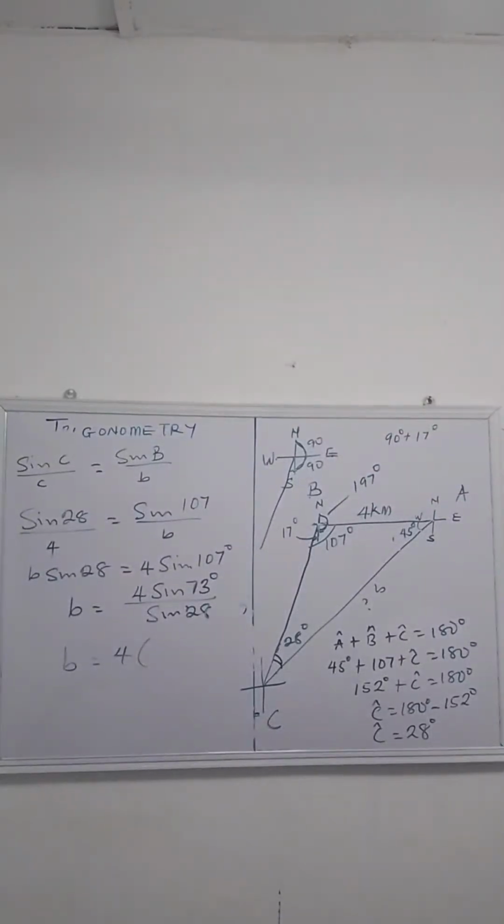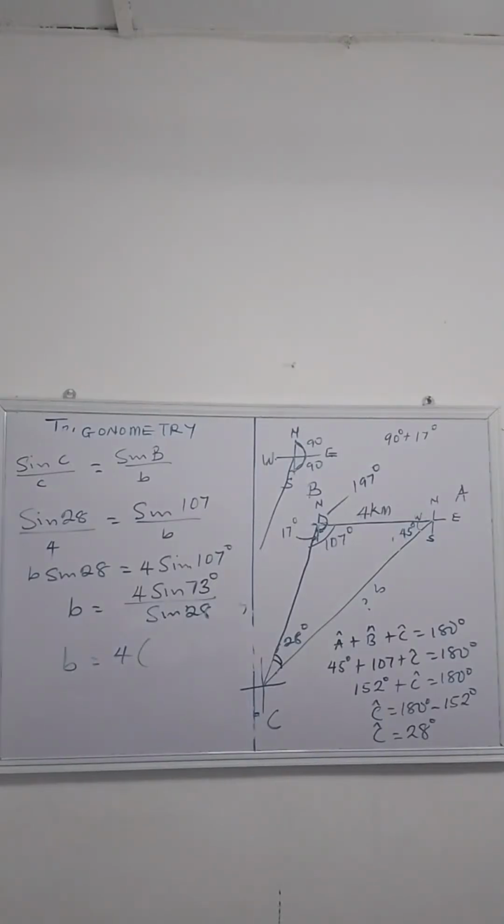Yes, what is sine 73? Okay, I can see this. We have 0.9563. Yes, 0.9563. Any other person?